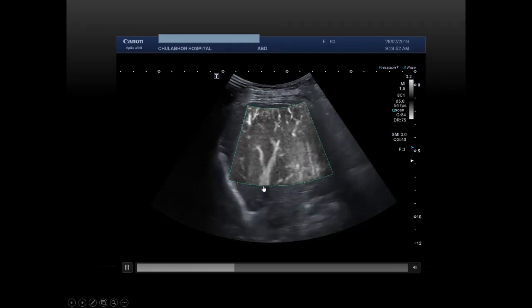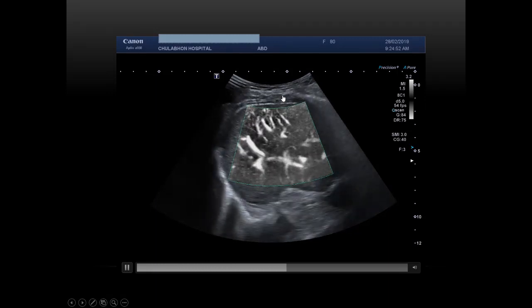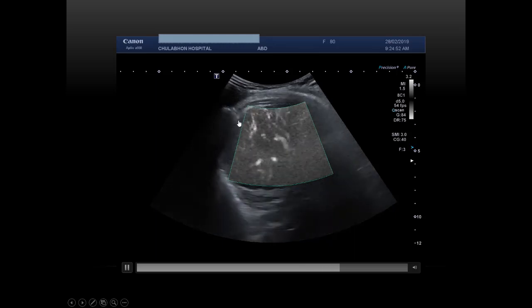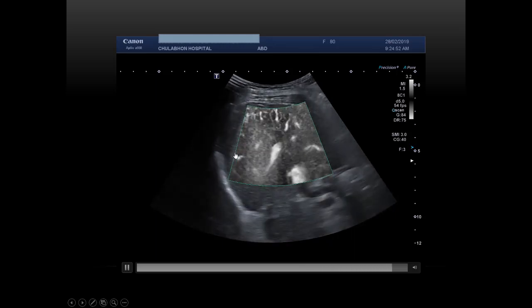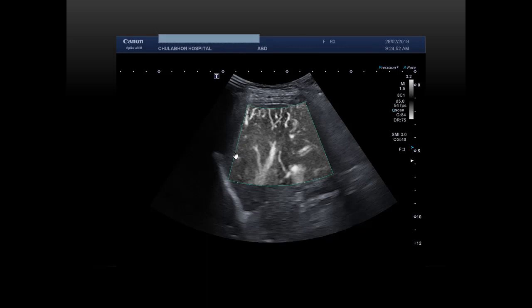Sometimes we have a near field artifact obscuring the liver, or the liver is very small. With this, we are also more confident that there is no infiltrative lesion, and we can detect normal vascularity inside. There is no clot or thrombosis inside the small vessels as well.